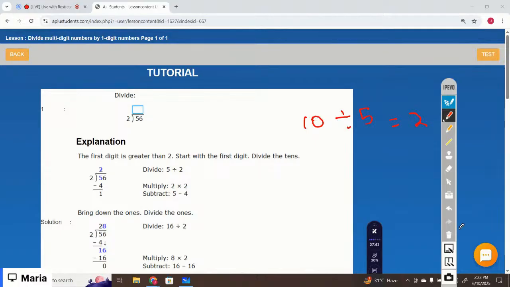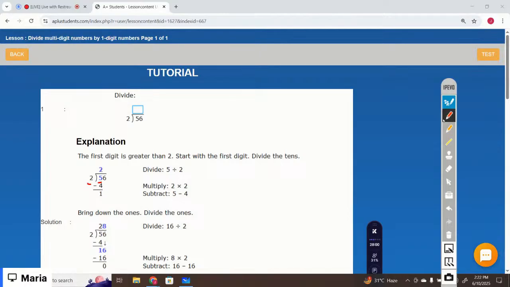So let's just learn how to divide. Start with the first digit, that is 5, of the dividend, and the divisor is 2. We need to see if you can divide 5 by 2. Yes, 5 is greater than 2, so you can divide.